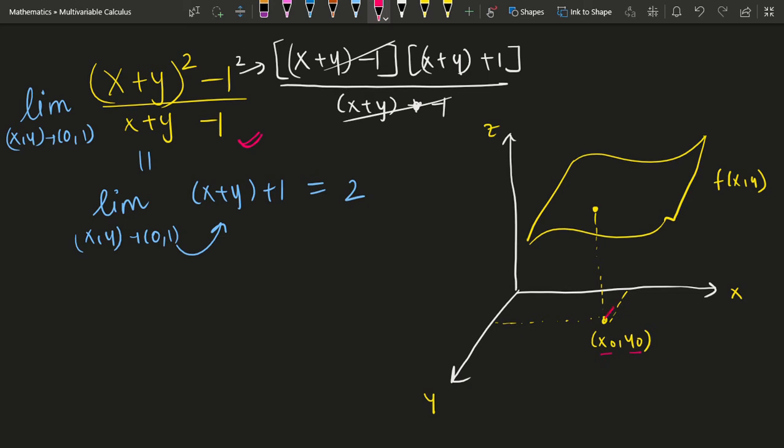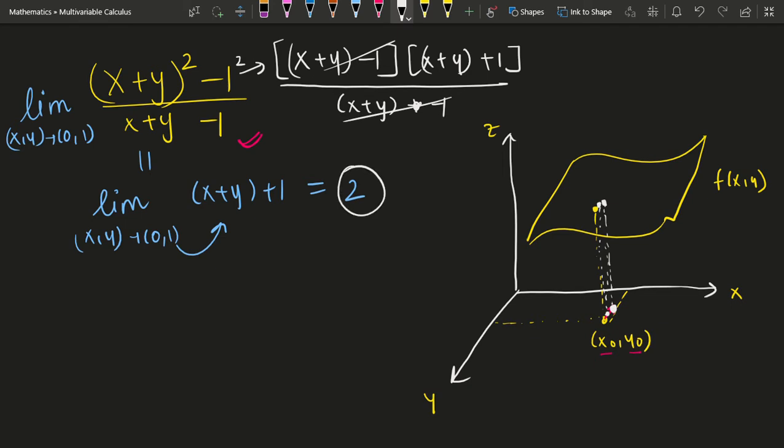Let's say you take some point here that's really close to x naught, y naught, and you find what the value is, and then you come increasingly close to the point x naught, y naught, and ultimately observe that the values you find limit to a certain value. In this case it would be 2.